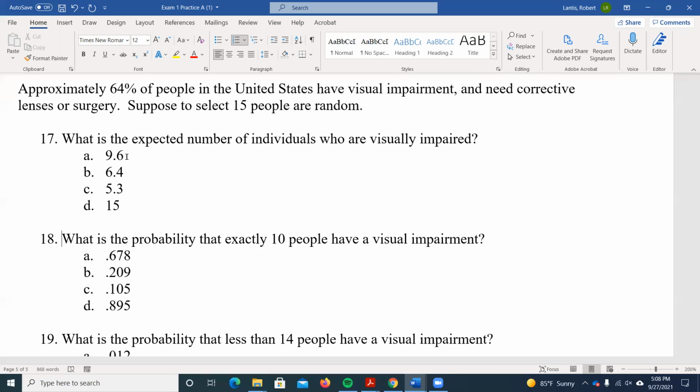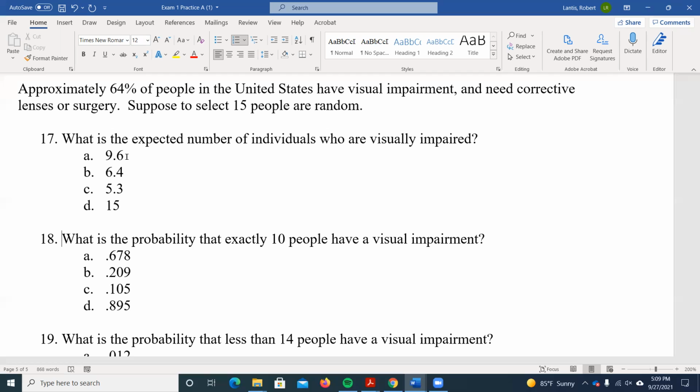With a mean of 9.6, these are the two most likely outcomes, but I doubt they're that mismatched where one of them is 0.89, the other is 0.1, and the rest of the outcomes are like 0.0001. That doesn't make sense for the example we looked at. So I would rule out D, and C seems unlikely.